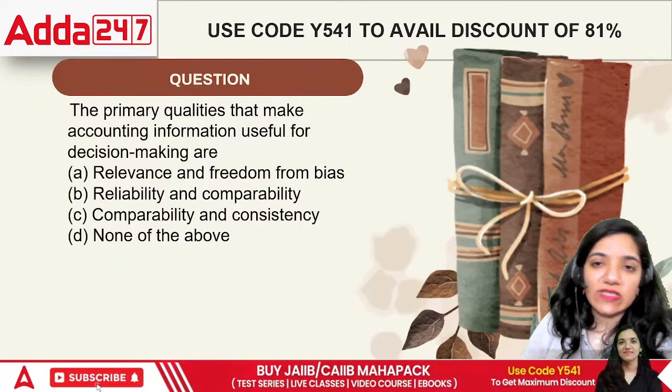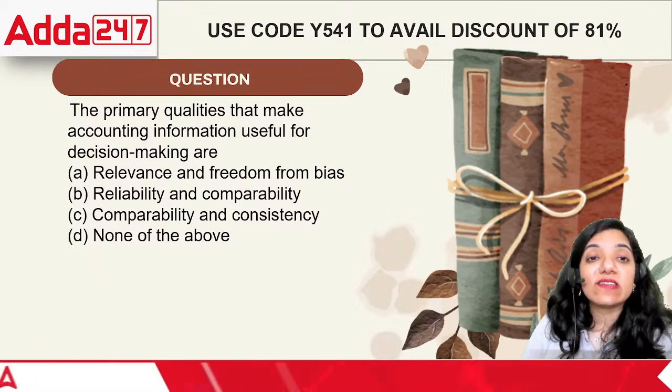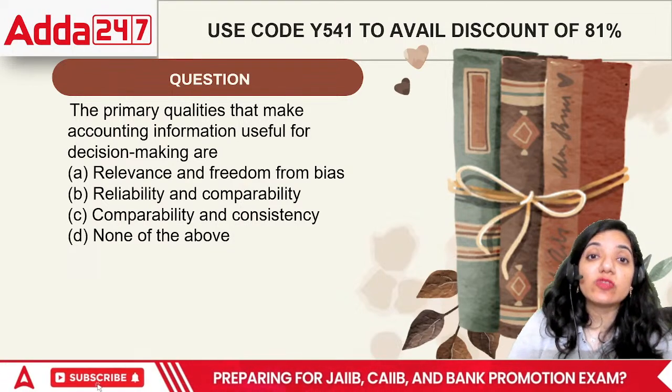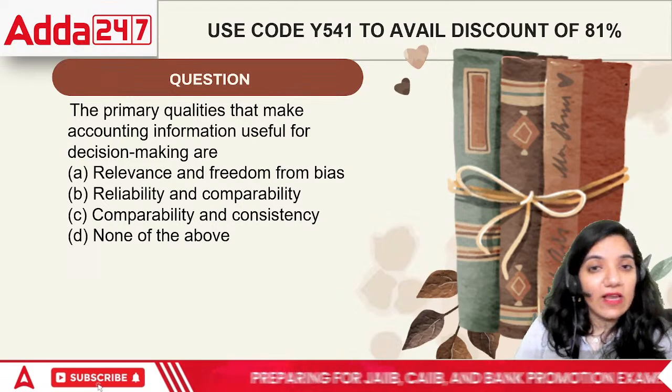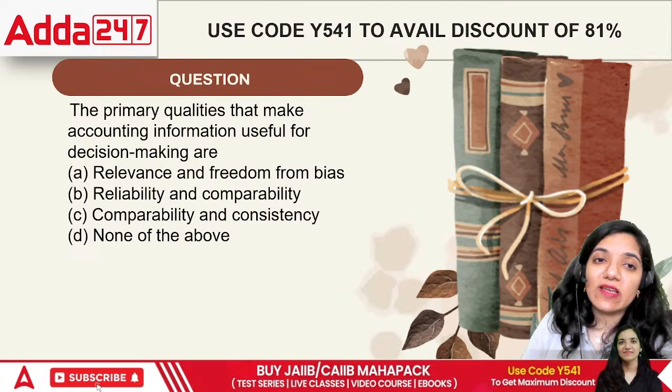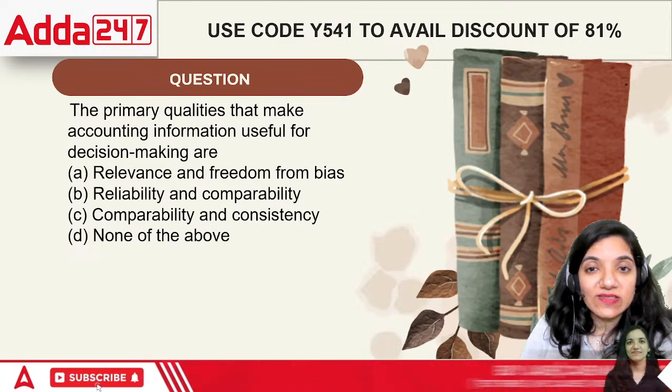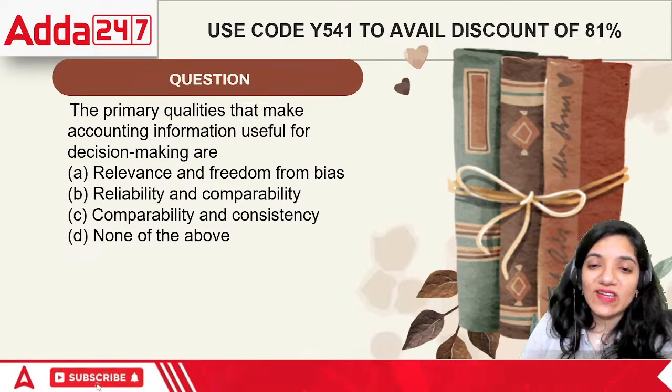The first question says: the primary qualities that make accounting information useful for decision making are relevance and freedom from bias, reliability and comparability and consistency, or none of the above. What's the correct answer then?